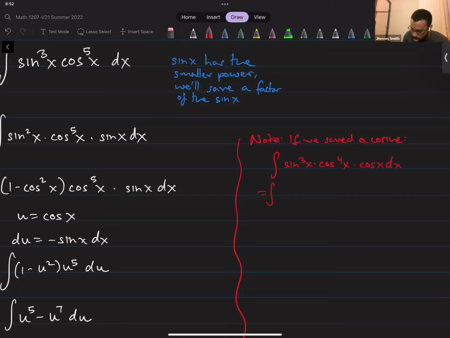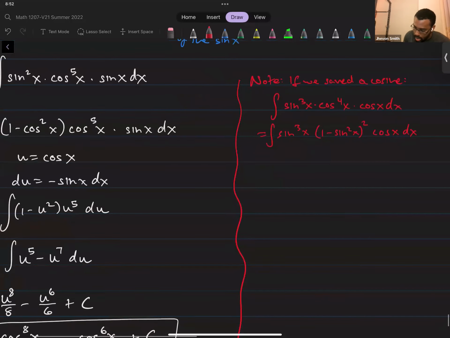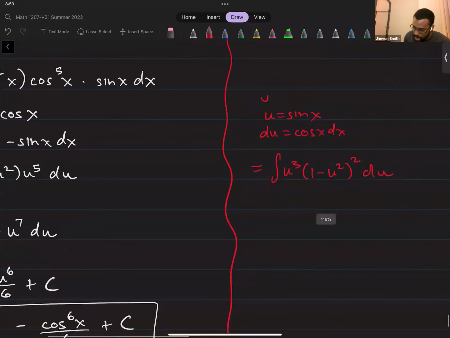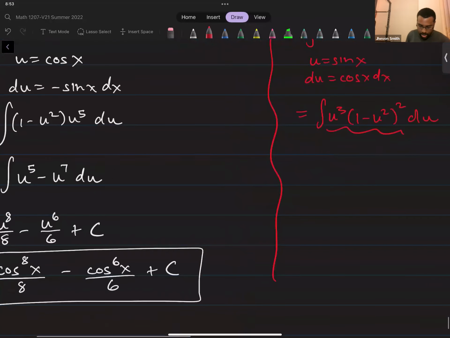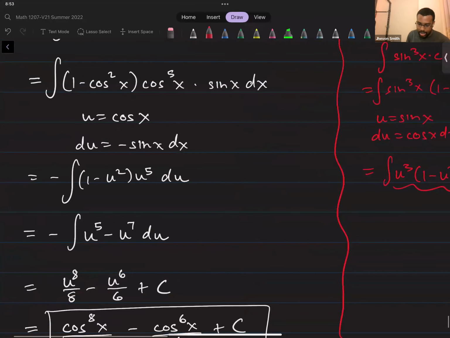You would change all the cosines to sines, and then you would do u equals sine, so du would be the cosine. And you would end up with u cubed times 1 minus u squared, squared, du. And that is a little more annoying than this.